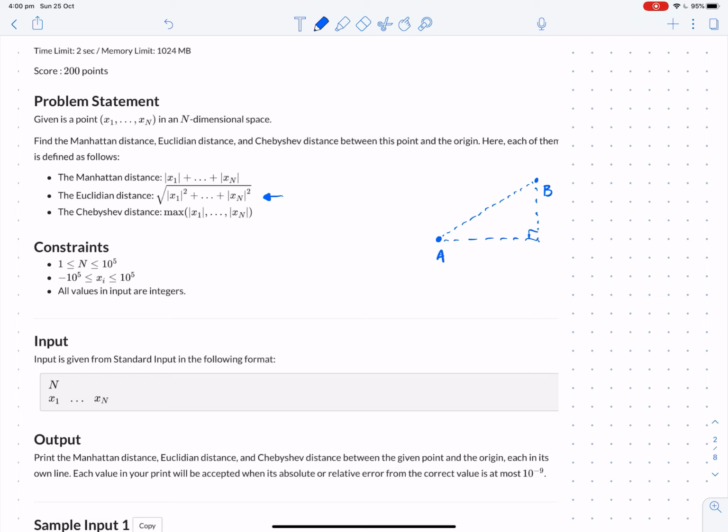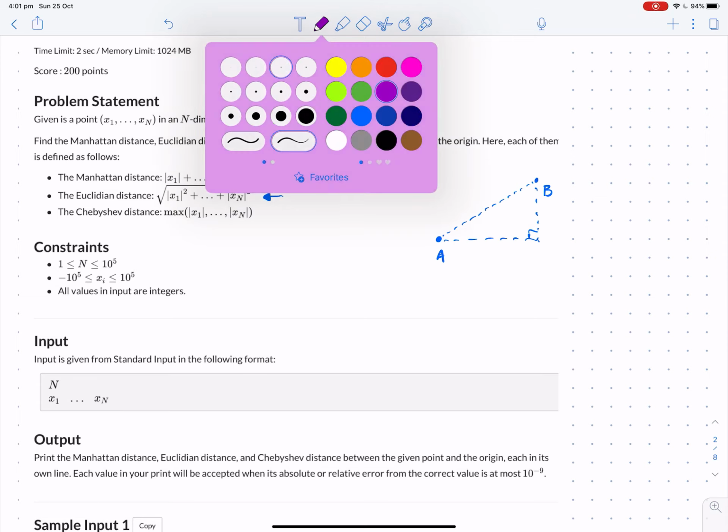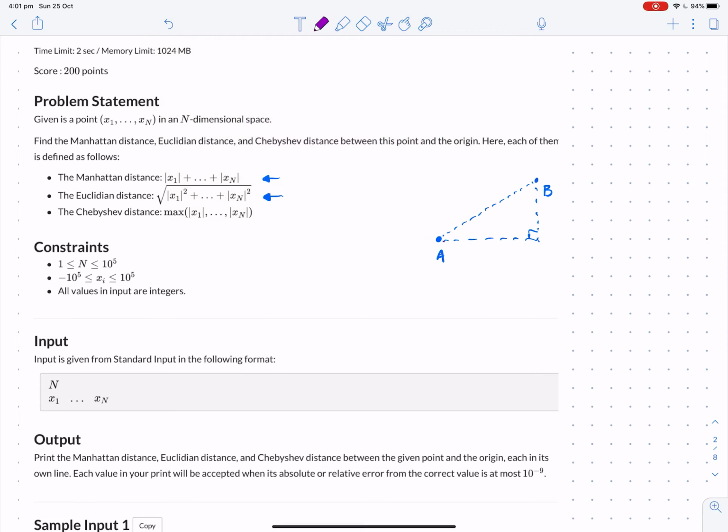And the Manhattan distance, here's the first one. Manhattan is in New York, and it's got a grid of streets. So if you wanted to get from A to B in New York, you kind of have to go like that and then like that. You can't go diagonally. So the Manhattan distance is just adding that distance and that distance, right?